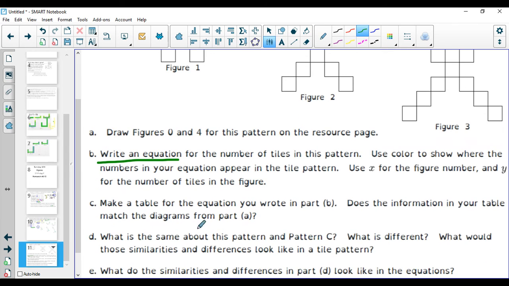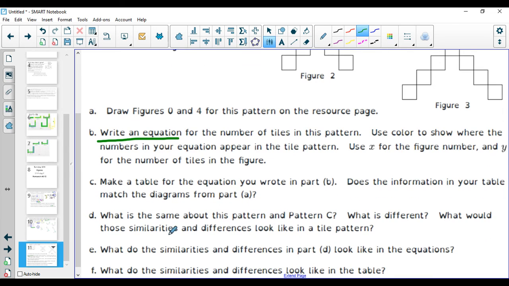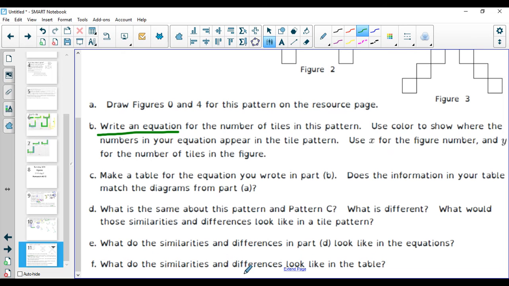And we want you to compare what's similar and different in this pattern compared to the one in the table. How are they the same in the equation? How are they different in the equation? And how do the similarities and differences look in a table? So what is it about the pattern that's the same and different?